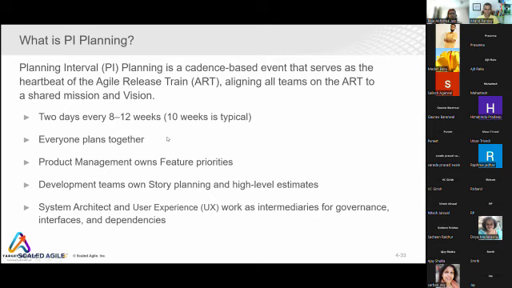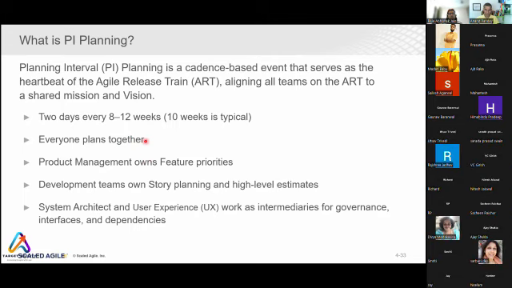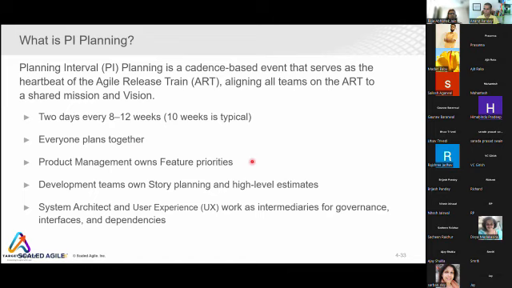Everybody plans together. Let me take a little bullet here. Everybody plans together. Product management owns the feature priority. We have different teams in the SAFe environment. For example, at the Scrum level, we are not scrapping anything from Scrum, but we are scaling Scrum.